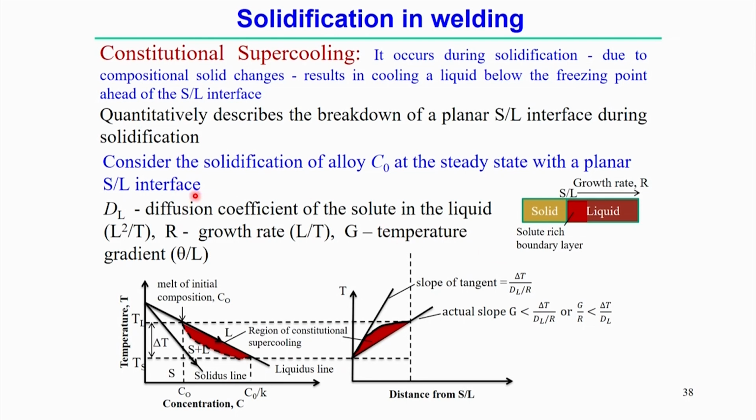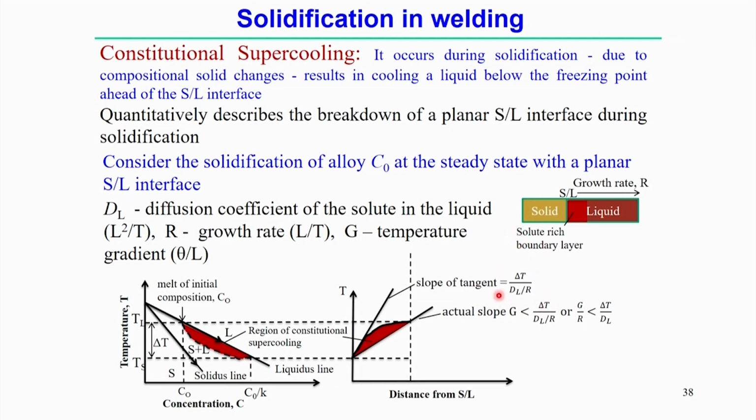Here the distance can be counted in terms of the boundary layer, that is the diffusion coefficient DL divided by the growth rate. If you see dimensionally, this term delta T and DL by R also represents the slope of the tangent.